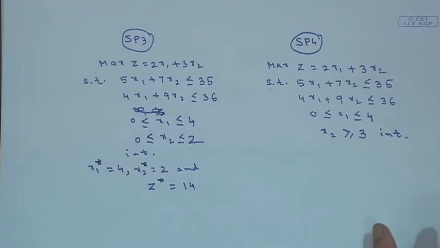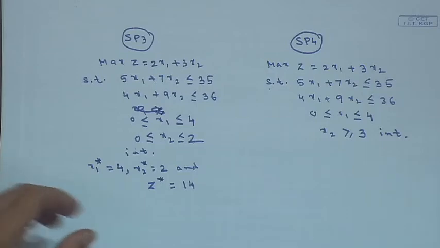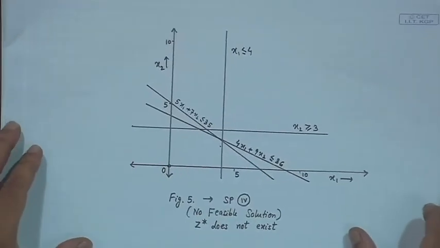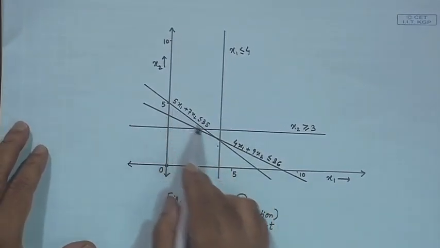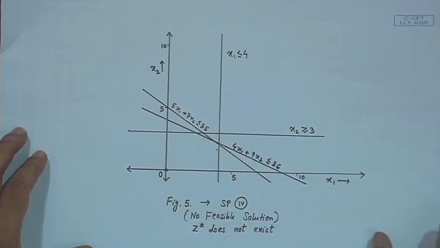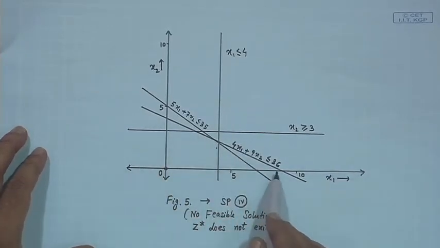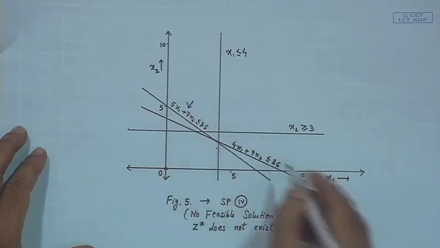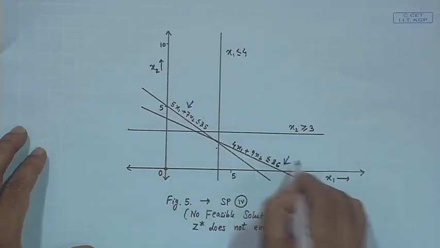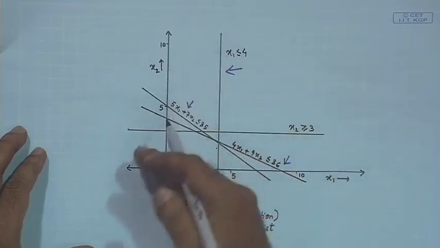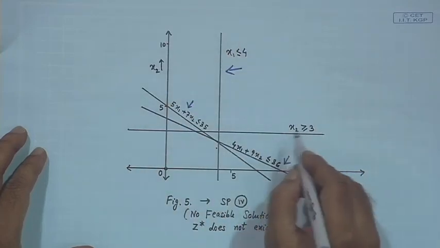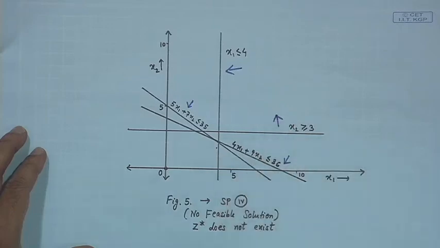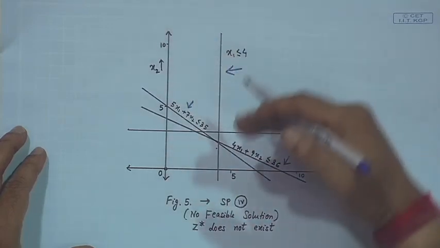Similarly, now I can find the solution of this one. For this case, if you find 5x1 plus 7x2 equals 35, 4x1 plus 9x2 equals 36, x1 less than equals 4. You see the directions for this also, direction is this, for this that means this area, but x2 is greater than equals 3. That means this portion, upper portion.